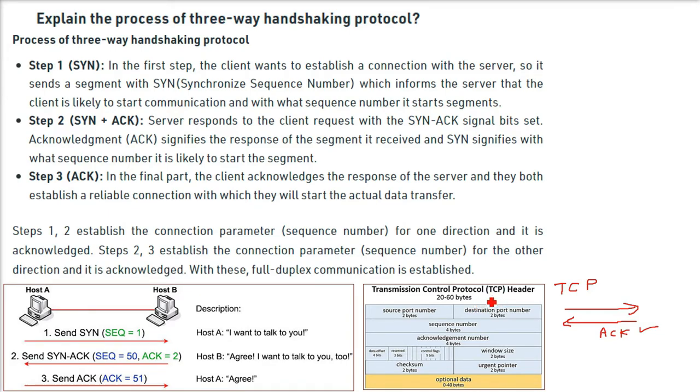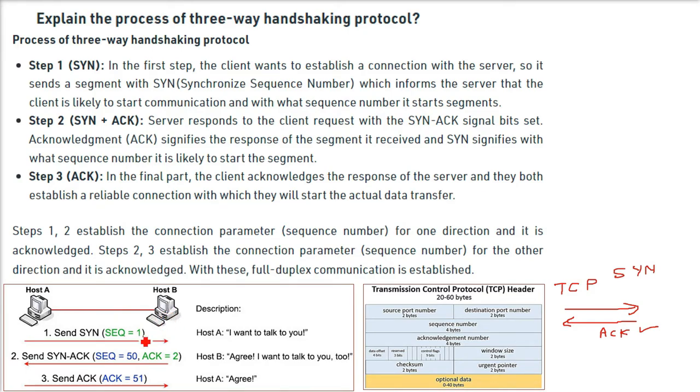Transmission control protocol is a transport layer protocol. In order to understand what is happening, you need to understand the header also. The first step: the client wants to establish a connection with the server.